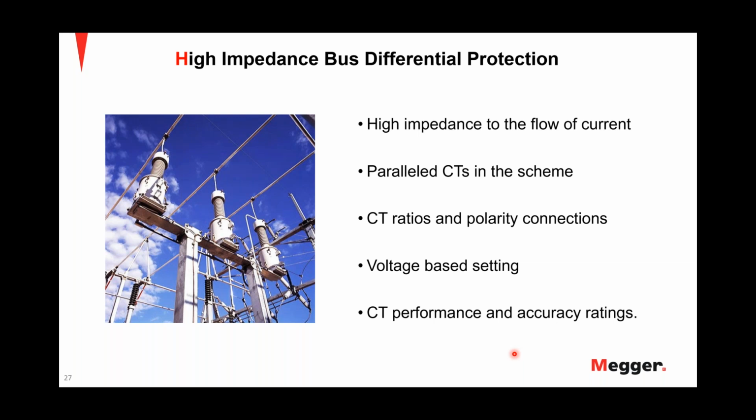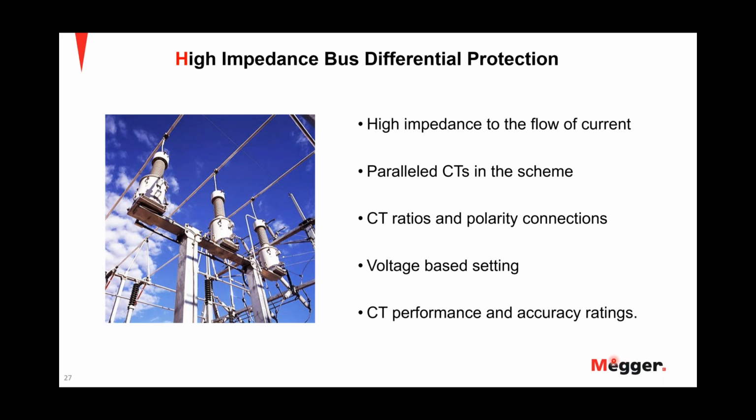There are different types of implementations of this scheme. There can be a voltage-based setting on a relay. Even though the difference is in current, the relay uses the voltage drop across the relay to monitor whether it's an internal fault or an external fault.